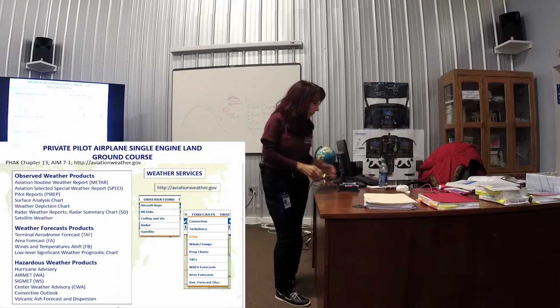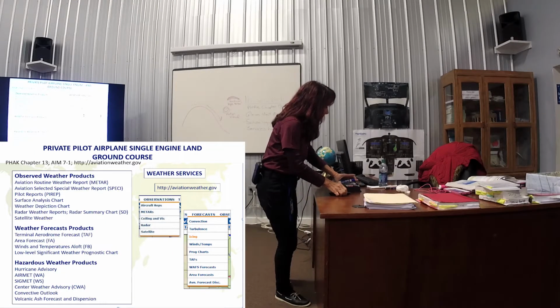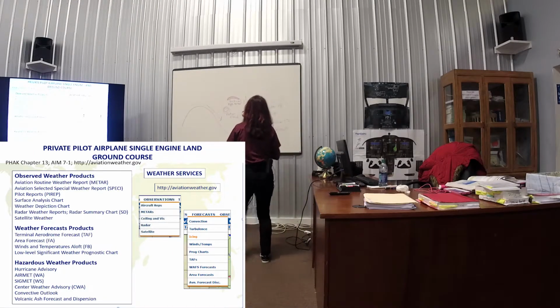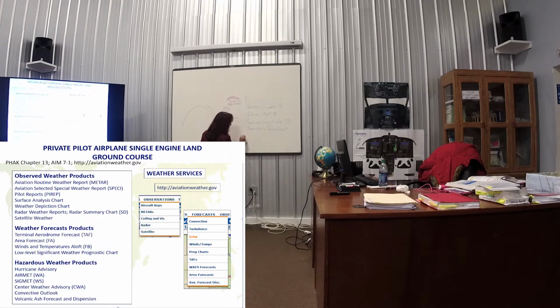As a matter of fact, that's got to be your main homework tonight. Poke around on it if you have not. I think most of you probably have. If you're flying, your flight instructor is taking you there and said, okay, now it's your turn, you've got to do it. The only way to really know weather is to poke around on the weather site.